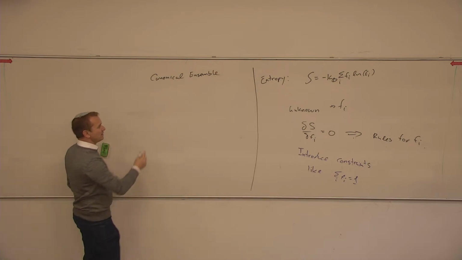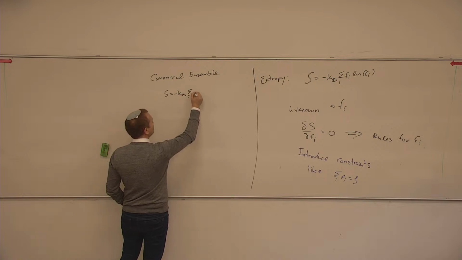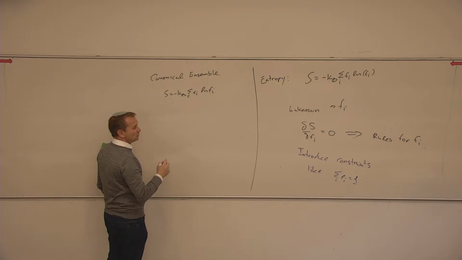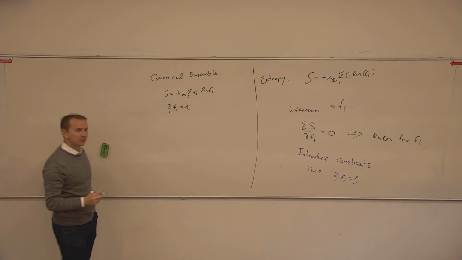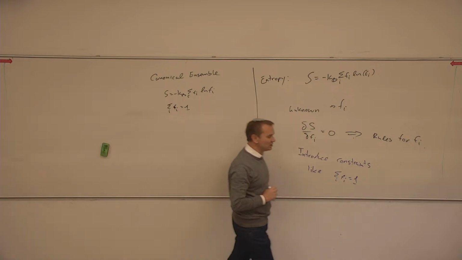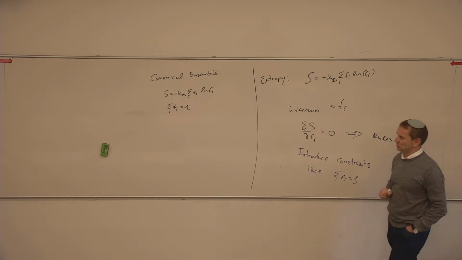So we know that S equals minus k Boltzmann, sum over i of f_i log f_i. We look for the constraints, and the constraints are sum over f_i equals 1. And we introduce an additional constraint. The additional constraint is that we set some specific value to our average energy. Okay?